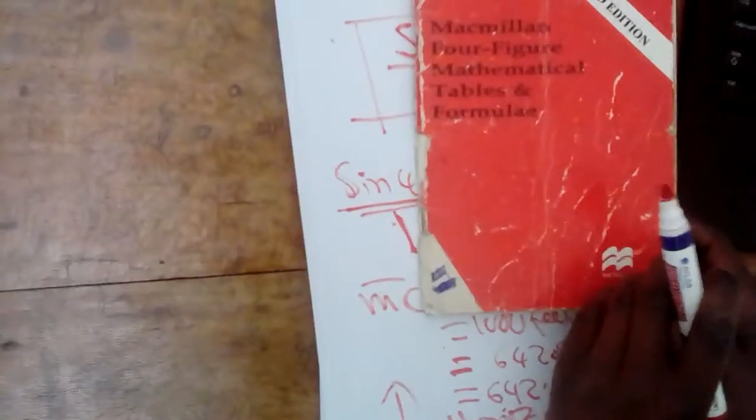The sine of 40 is obtained in the four-figure mathematical tables, this book. Look at the natural sines where there is angle 40 here. At the column labeled 0 minutes, you will find sine of angle 40 is 0.6428.